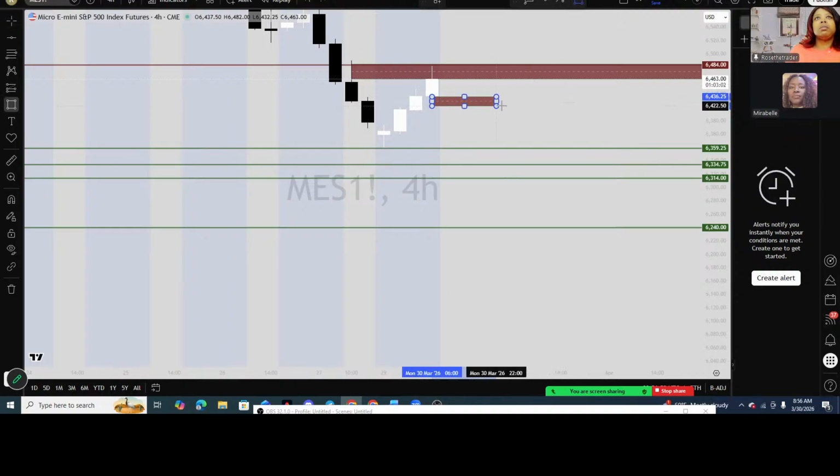A demand is where we go long, where buyers are. So buyers push that week up. That's a 4-hour area of demand. I like that to be green.